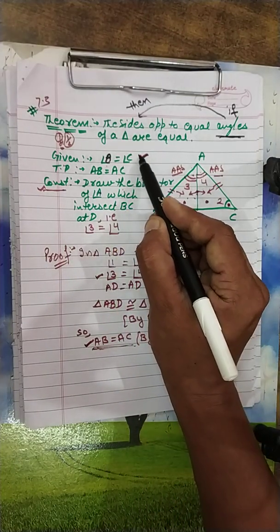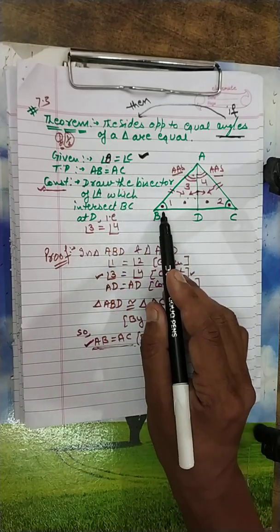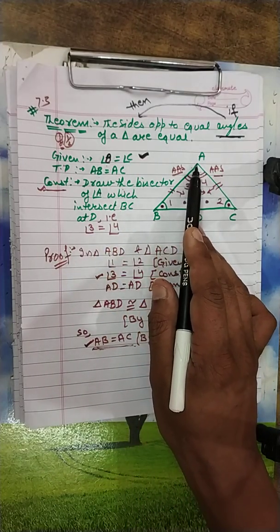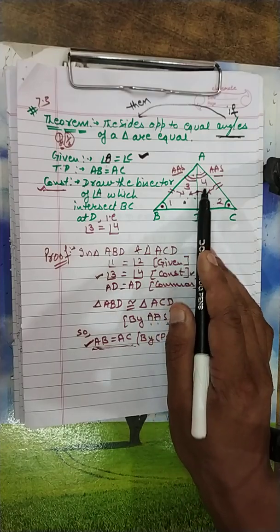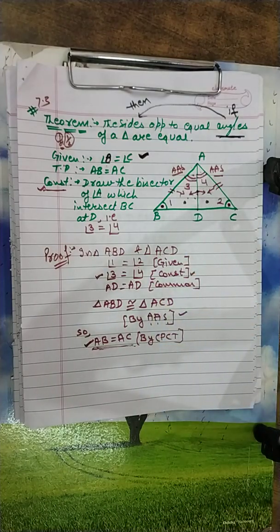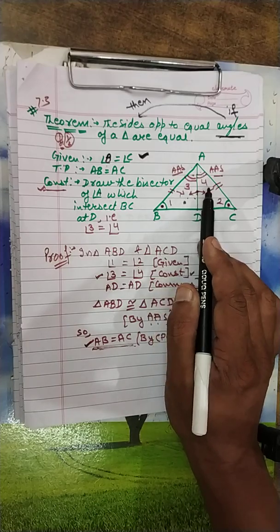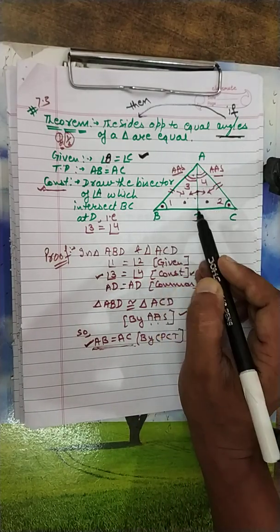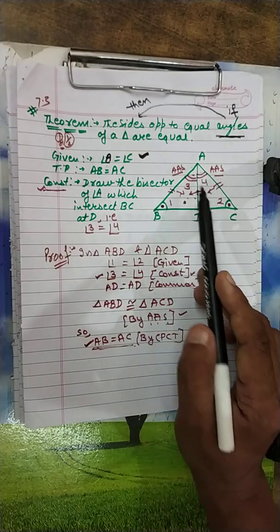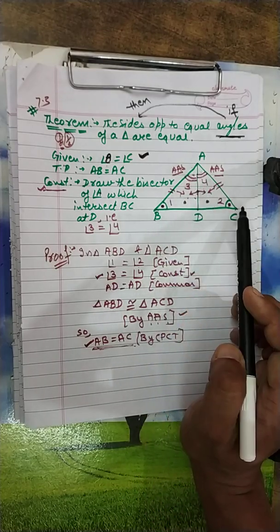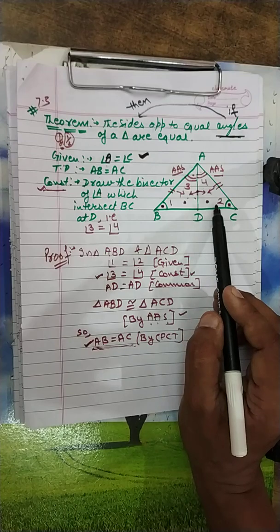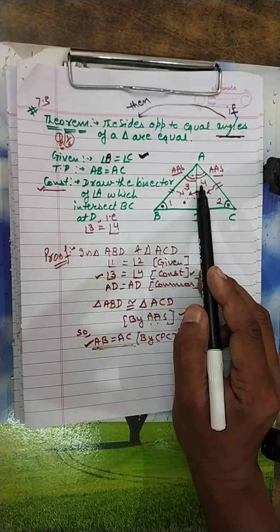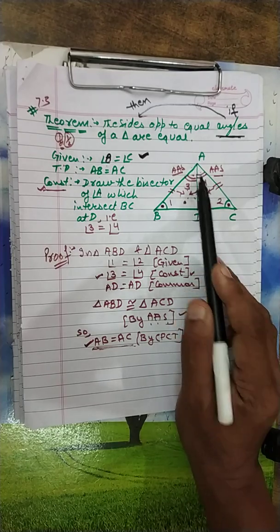We are given that angle B equals angle C. I apply the same construction here: the bisector of angle A, therefore angle 3 equals angle 4. So in triangles ABD and ACD, angle 1 equals angle 2, angle 3 equals angle 4, and AD is again common in both.